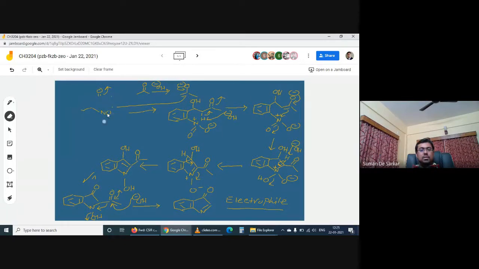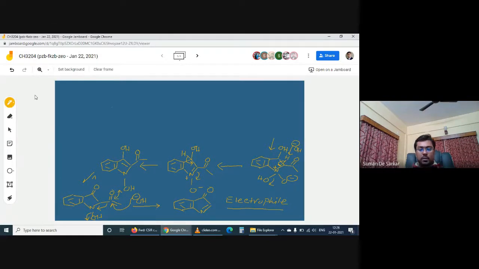I need some space. I'm erasing this part. I don't know whether I can select, and maybe I also need to practice with the Jamboard. This much space will be good enough for us. Okay. So the thing is, we will generate during the reaction a lot of species of this molecule. This electrophile will generate in a large quantity. But what will happen?